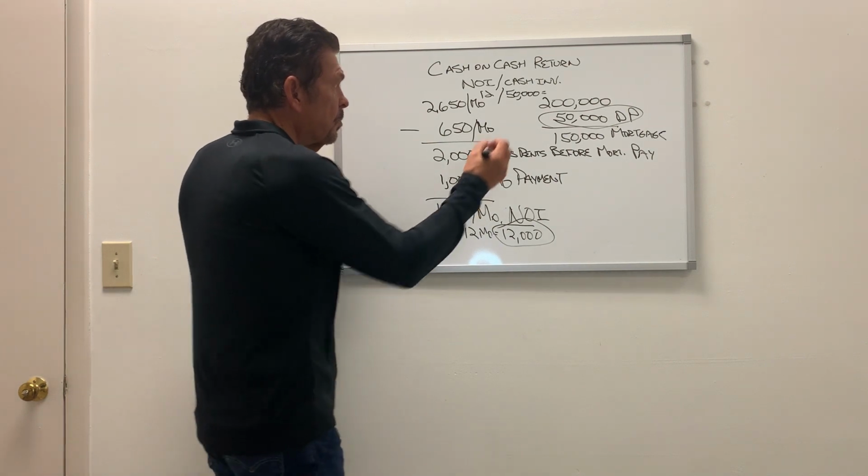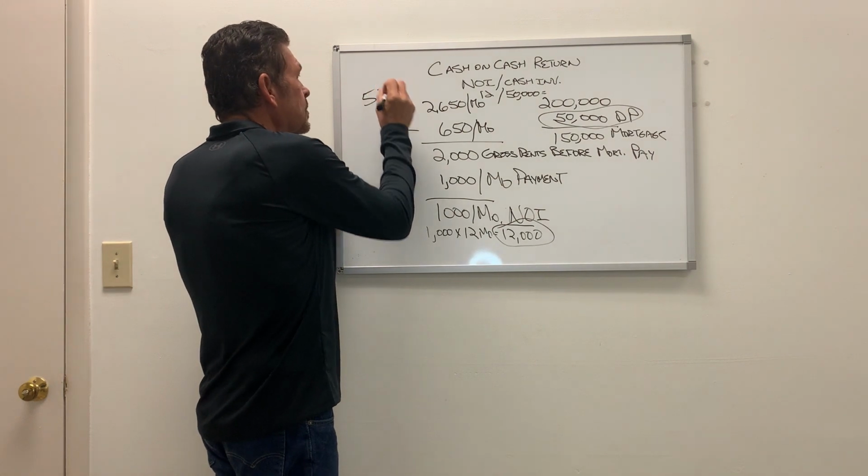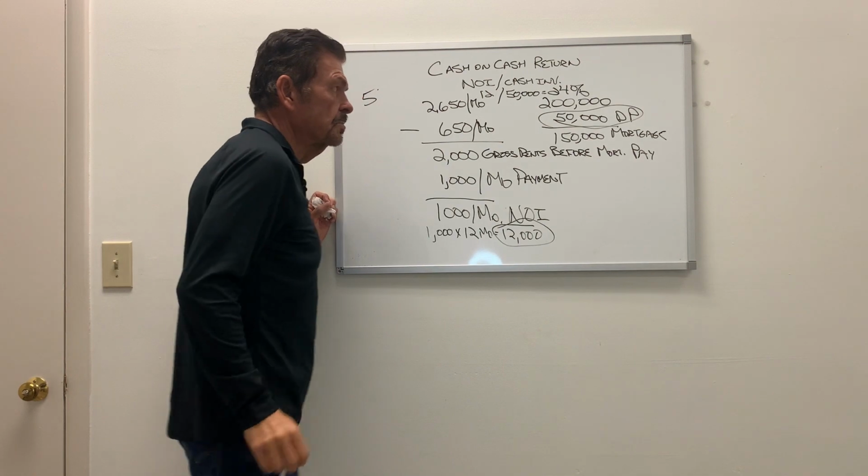So we'd be looking at the 22%. Is that correct? 24% cash on cash return.